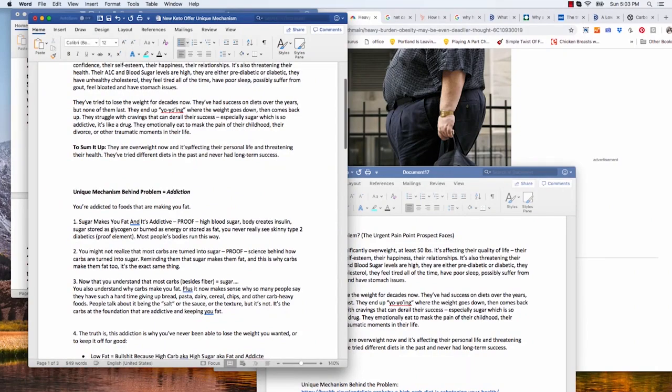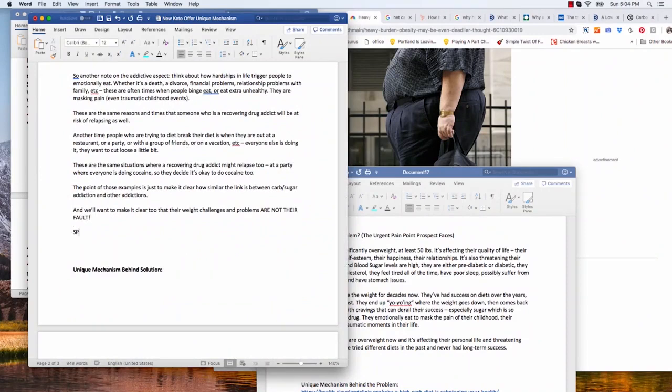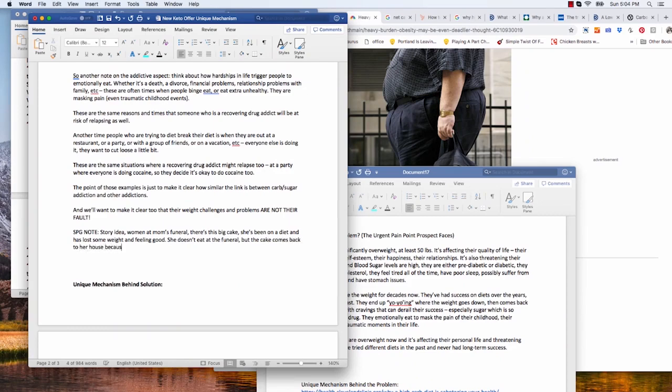These are interesting thoughts. All right, one is, I'm going to make a little note here, SPG note. So I do story idea, woman at mom's funeral. There's this big cake. She's been on a diet and has lost some weight and feeling good. She doesn't eat at the funeral, but at night the cake comes back to her house because family and friends are visiting.